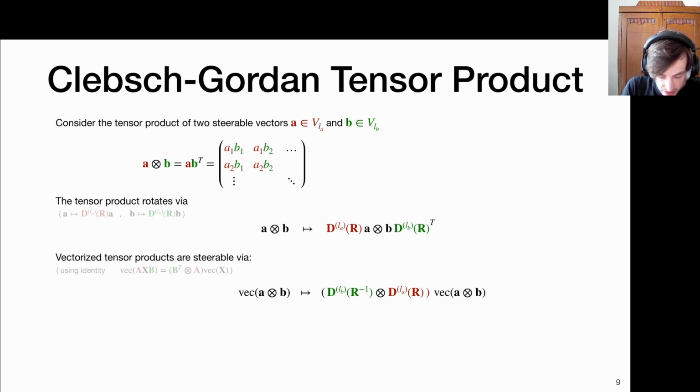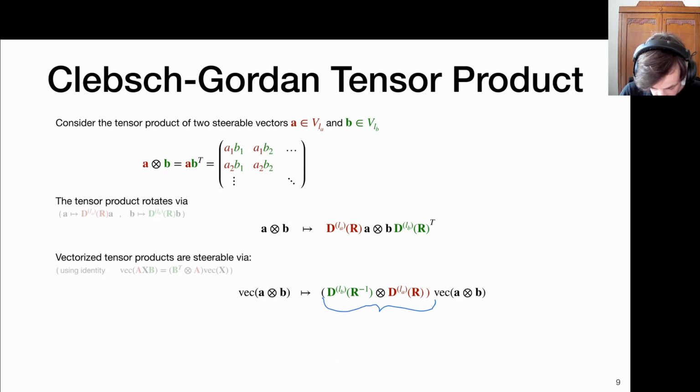So if we apply this identity to the above, we have this tensor product and we vectorize it, then this vectorized tensor product also transforms via a matrix, given as a Kronecker product between this representation and this representation. So it really will be again one big matrix that in some way depends on R, and it is a representation.